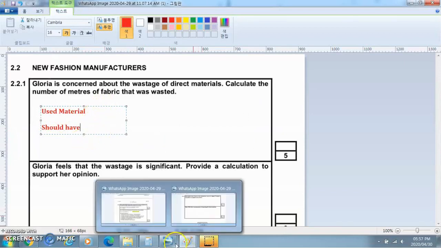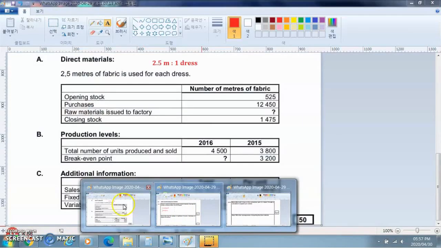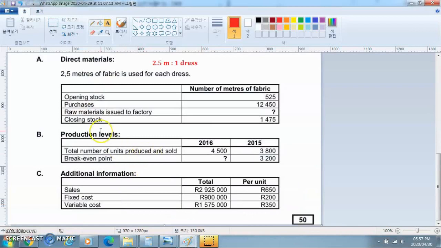Okay, what has been used, how can we work it out? I will go back to my information here. Remember, raw material issued to factory is not given here, but we can see they're saying total number of units produced and sold. We actually produced and sold 4,500 dresses.